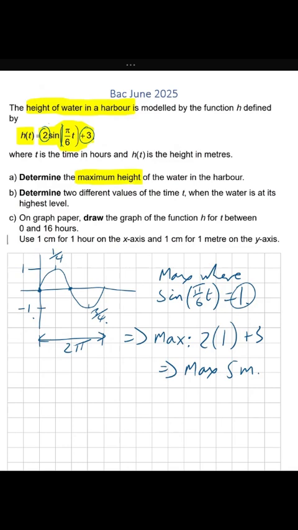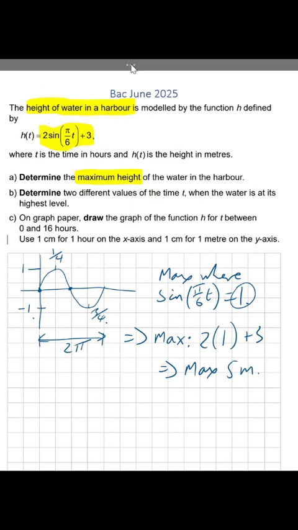The 2 will change the amplitude, what your max and min are going to be in relation to each other. And this 3 at the end is going to lift the function up, or bring it down if it was negative. So that's the first part of that question done and dusted, and I'm moving on to the second.